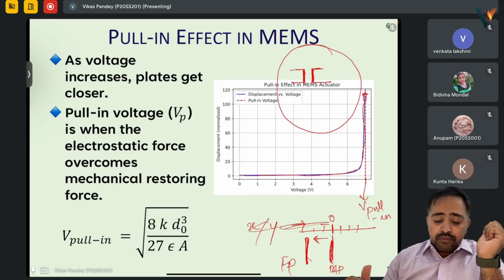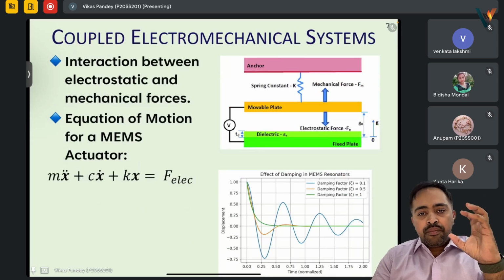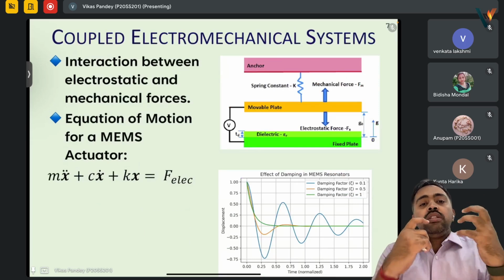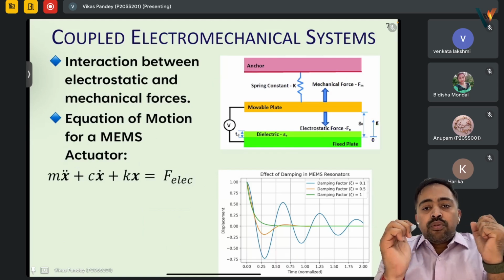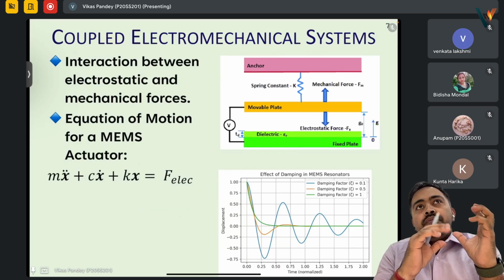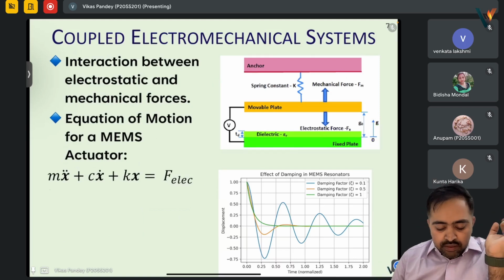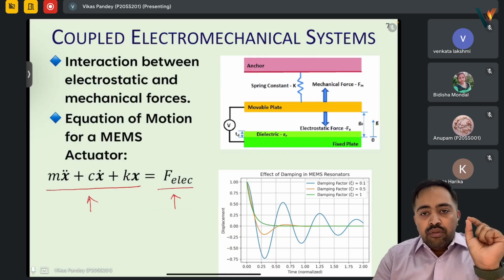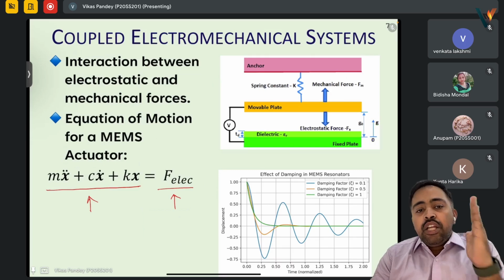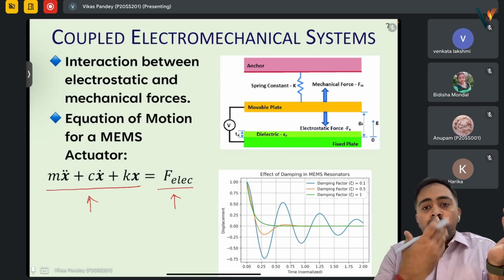Okay, so how are these systems coupled, or how are these systems made? To be in equilibrium, the mechanical force as well as the electrical force should be equal. Whichever is higher will try to overcome the other.